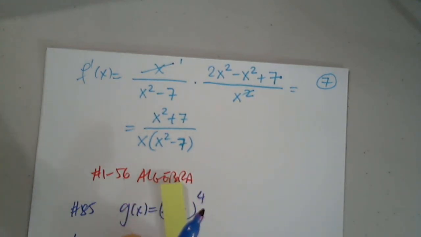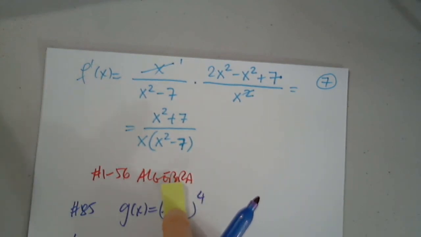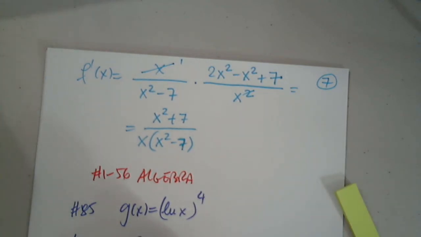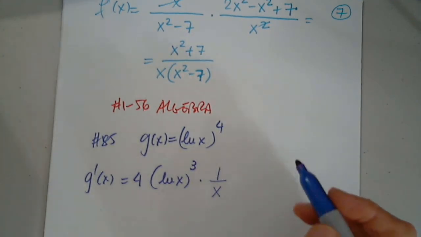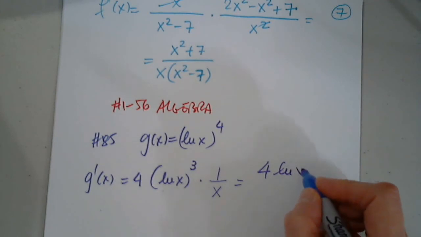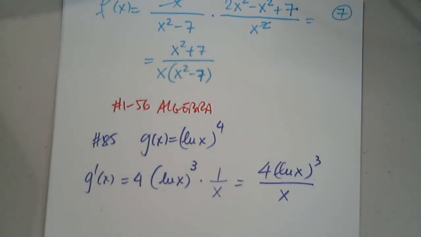I bring the power in front, I subtract 1 from the power, and then I differentiate the inner function. So that is 4 natural log x to the 3rd power times the inner function prime, which we just learned is 1 over x. You don't have to do anything. This can stay as is, really. Or just rewrite it like this. There is no need. This is fine too.